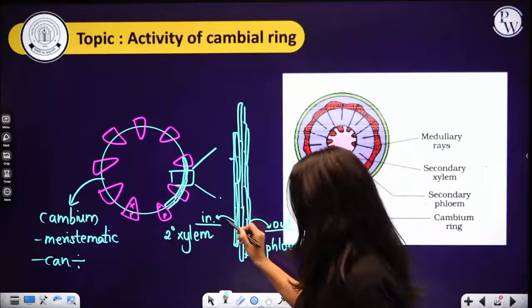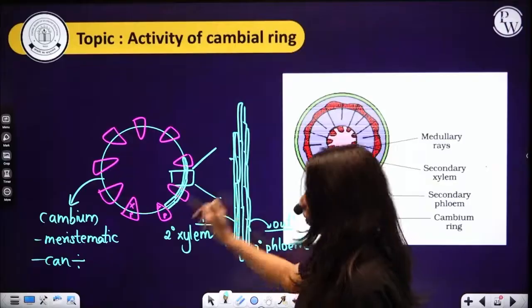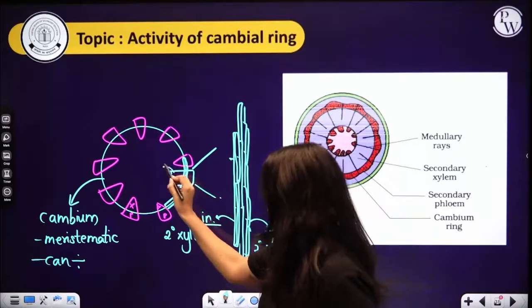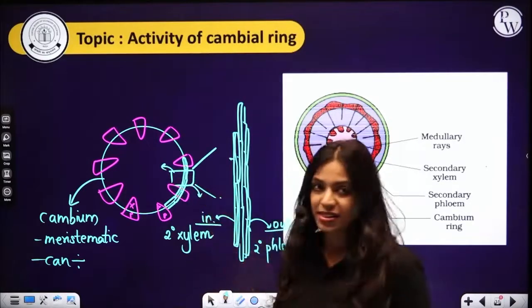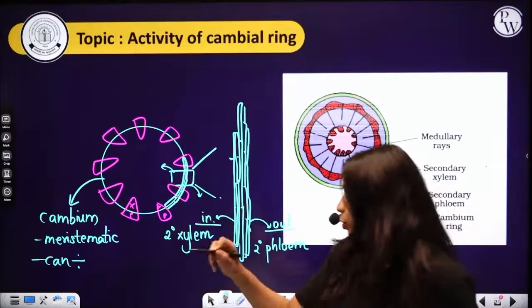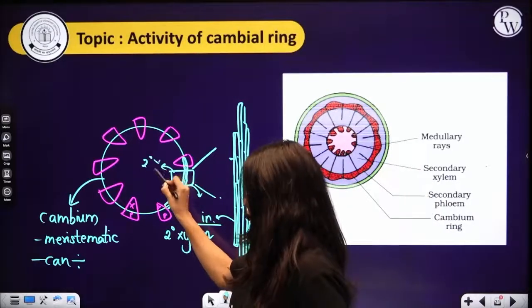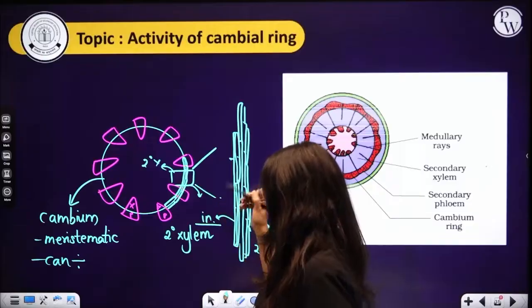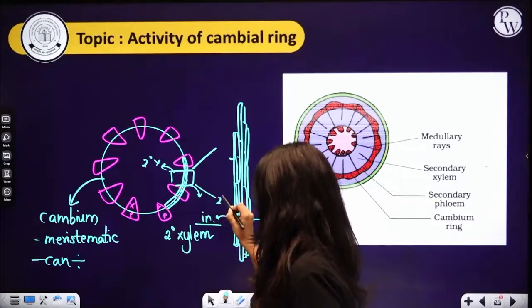So this cambium will undergo divisions in this plane. It will cut off cells towards the inside over here, and it will also cut off cells towards the outside. Whatever cells it cuts off towards the pith will become the secondary xylem. Whatever cells it cuts off towards the outside will become the secondary phloem.